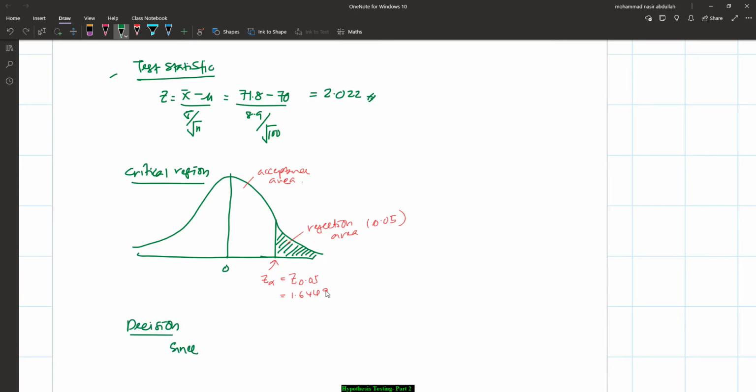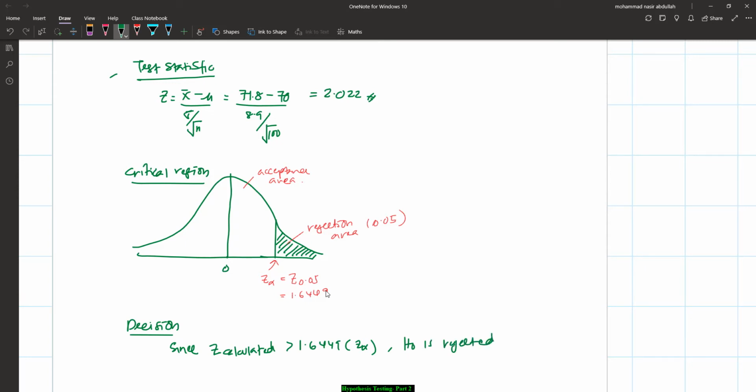So then we can make a decision. Since Z calculated is more than Z alpha, which is 1.6449, then null hypothesis is rejected.